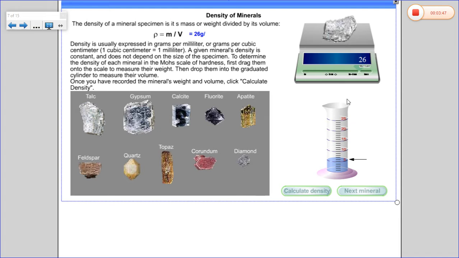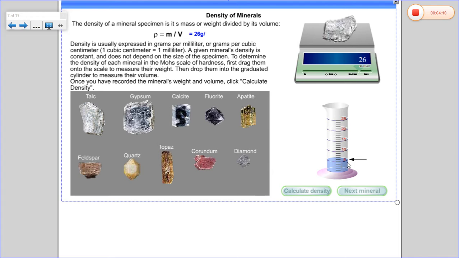By multiplying them together, length times width times height gives you the volume of this solid material. But if the material has an irregular shape, we use the cylinder, putting in it an amount of water or liquid of a specific volume.